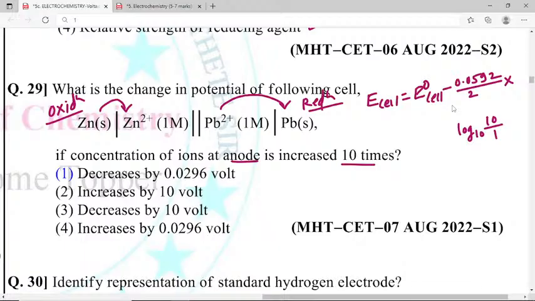So E cell is equal to E naught cell minus log 10 to the base 10, which is 1, so minus how much divided by 2? It is 0.0296. This is a negative value, so the potential decreases by 0.0296 volt.